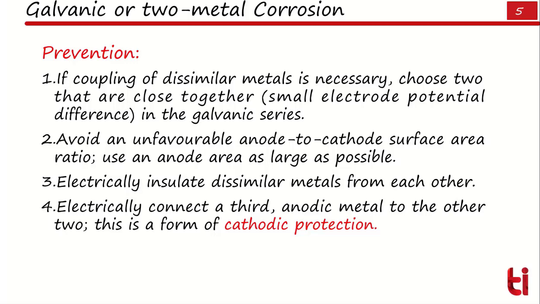The closer the two elements are in the galvanic series, the smaller the difference in their electrode potential, and the smaller the difference in electrode potential, the smaller the rate of corrosion.